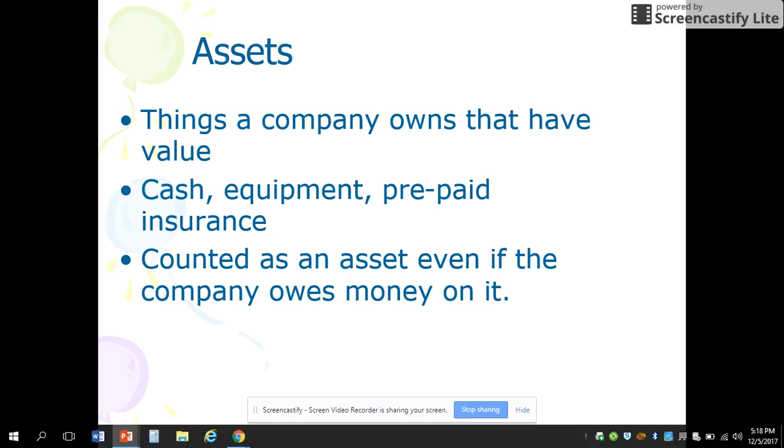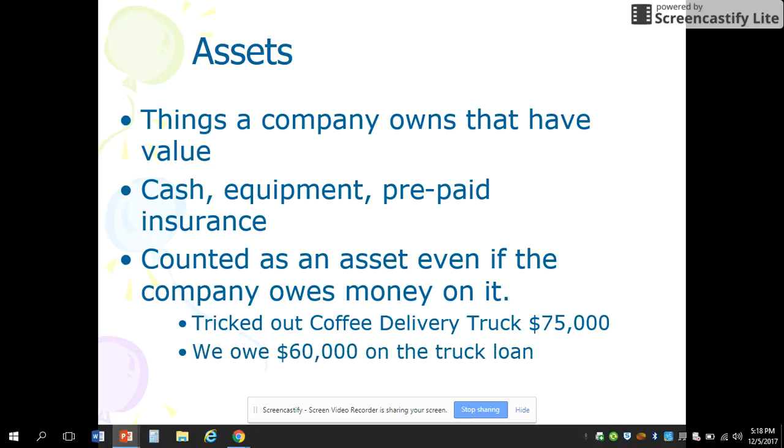Now, they're counted as assets even if the company owes money on it. So let's take a look at this situation. Let's say you own a coffee delivery service. You have a tricked out coffee delivery truck. It's valued at $75,000, but you just opened up business. You actually owe $60,000 on that truck because you took out a loan to buy it. You didn't pay 100% cash for it.